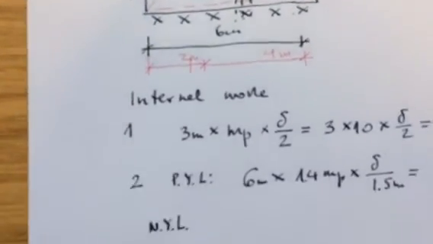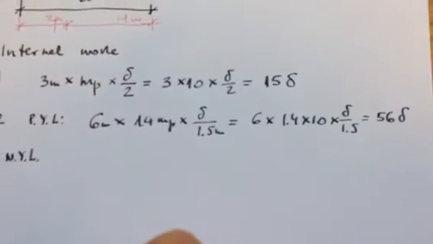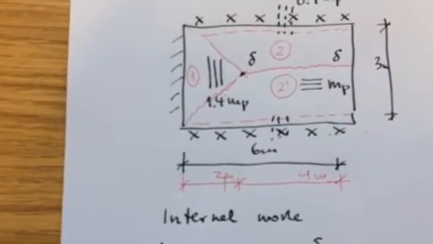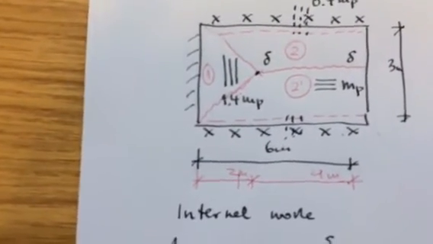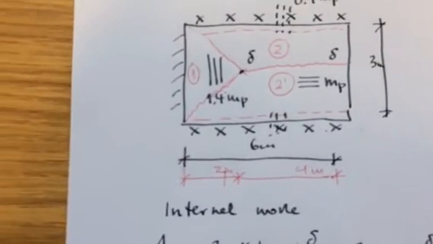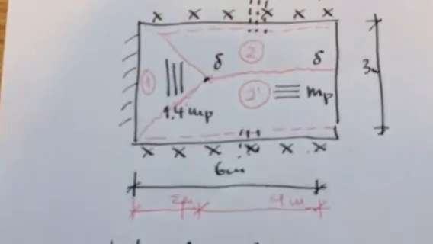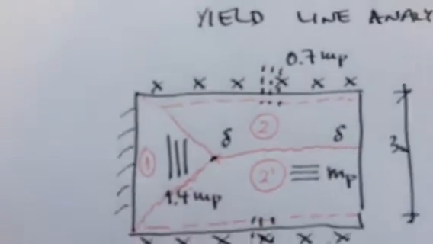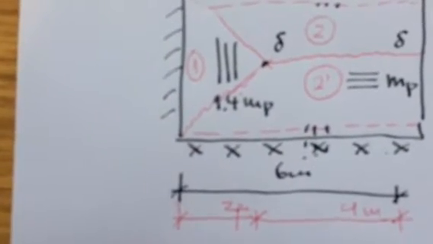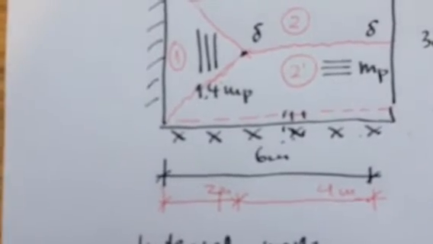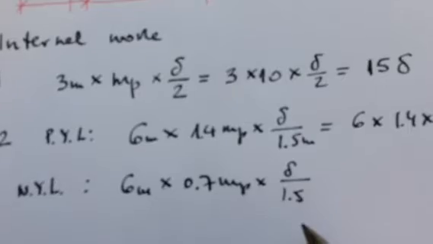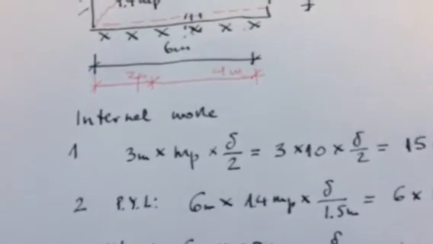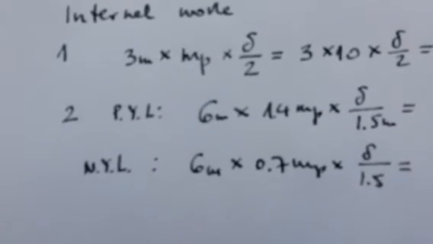For the negative yield lines, the length of projection of the negative hogging yield line is 6 meters, so it's just the length of the support of the fixed edge, basically, times the moment of resistance of the hogging reinforcement, which is 0.7 MP, and the angle of rotation is the same as for the positive lines, delta over 1.5, and that gives 28 delta.